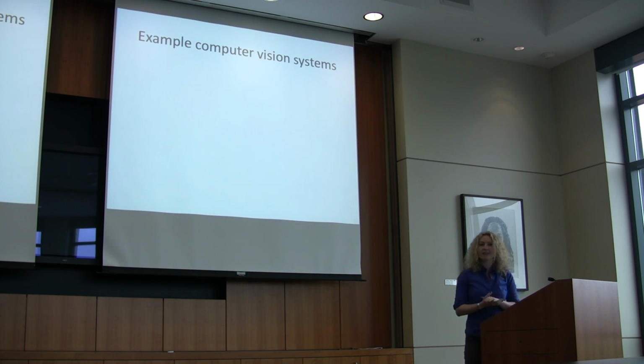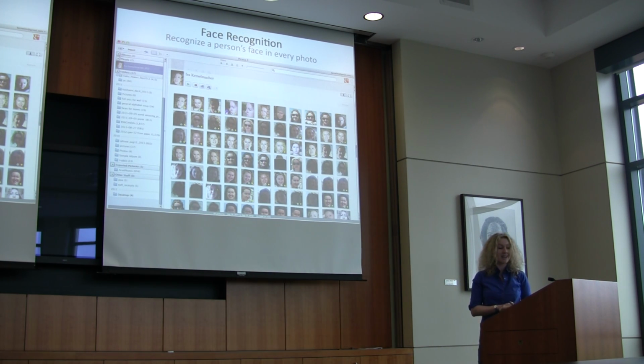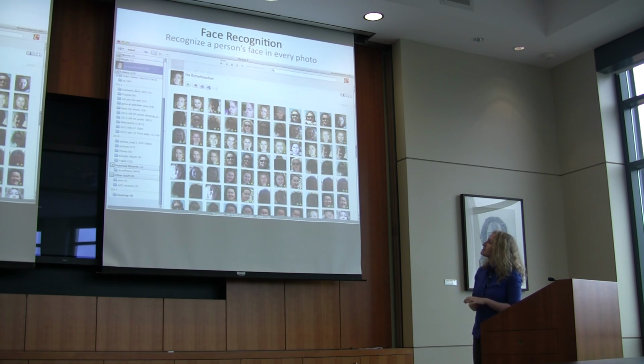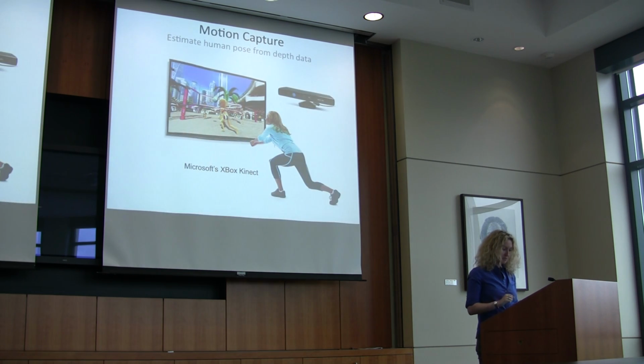So let me show you some example computer vision systems that work, to give you a taste. For example, face detection works pretty well in most cameras now, basically putting a square around each face. For cameras, it's pretty useful for focusing, cropping, and so on. So this is an example problem of vision which was solved. Face recognition, here's Google's Picasa, and my face was recognized in my personal photos, so that works pretty well.